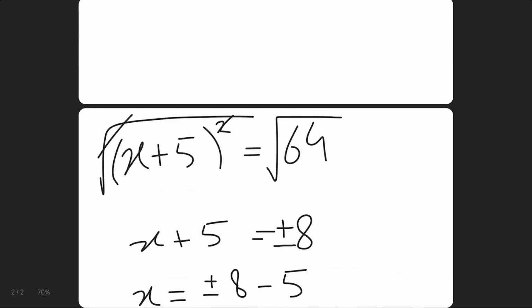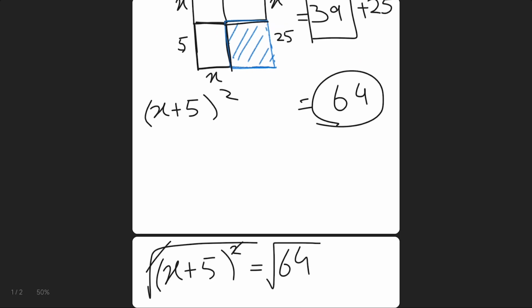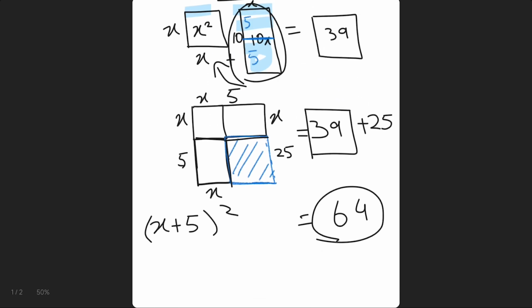So basically what we did was find the missing area and use that to simplify the equation and get the answer quickly. You may have noted that we did this without the use of a calculator, because 64 is a perfect square. We all know what the square root of 64 is, right?